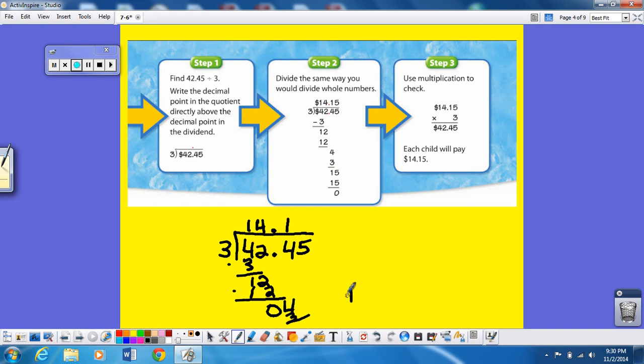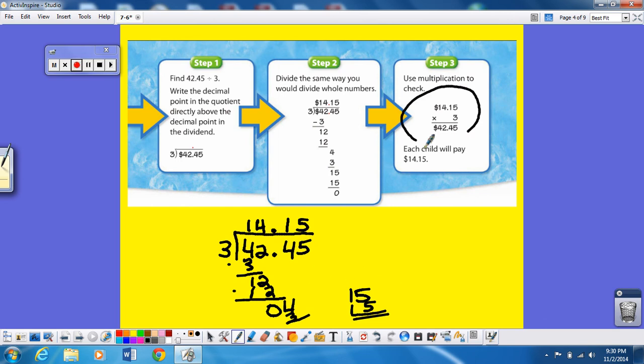When I subtract, I get a 1, and I need to bring down my 5. 3 goes into 15 5 times. 5 times 3 is 15, and I know that's going to zero out. So each of the 3 children will owe $14.15 as their part of the flowers for their parents' anniversary.